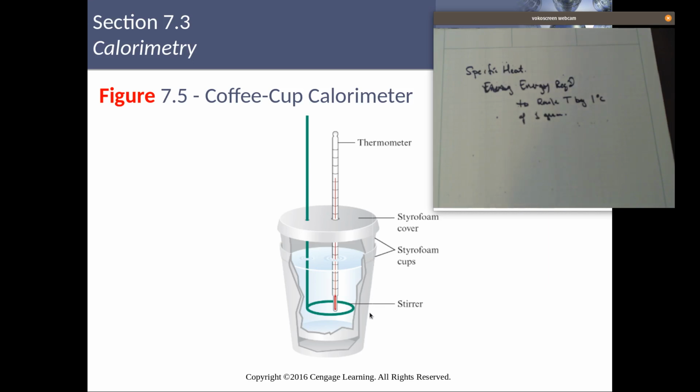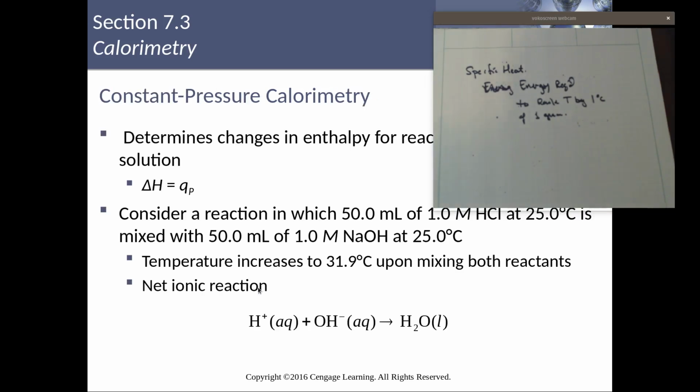So you need to make sure this is well insulated so that you don't muck up the experiment. And you look at the change in the temperature of the thermometer as some sort of reaction occurs. Now sometimes you might have the system starting off at equilibrium, then you do something to initiate the reaction inside of this, and you go on and measure the temperature of the system.